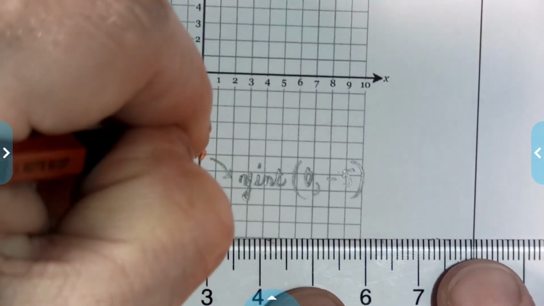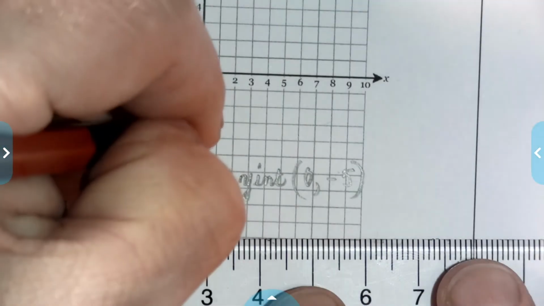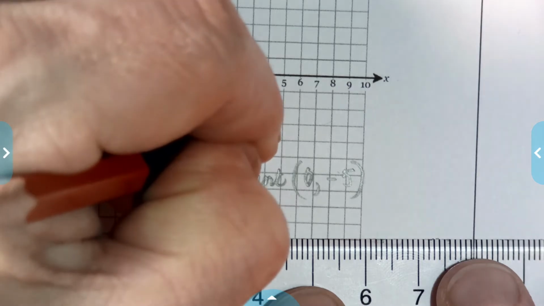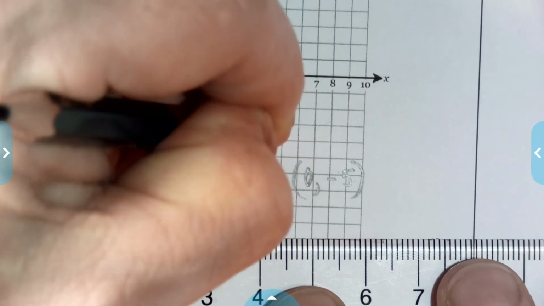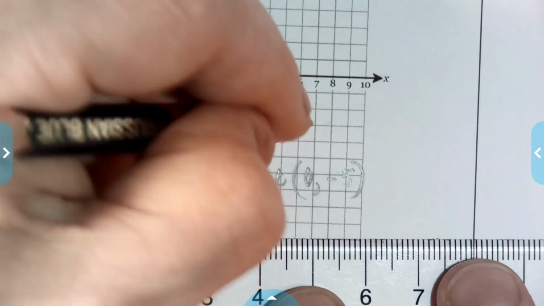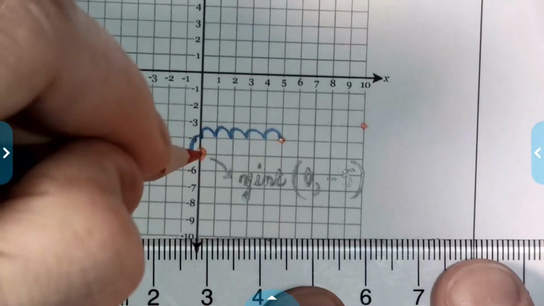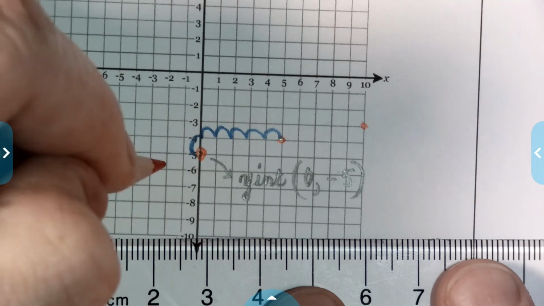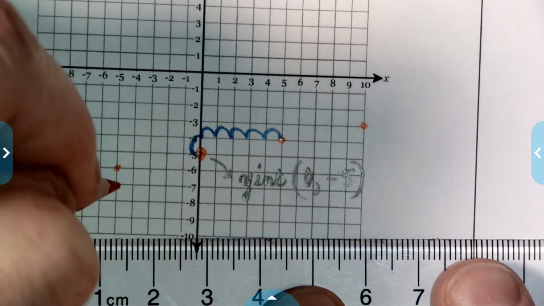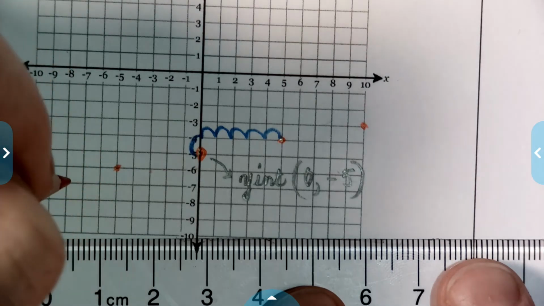So here we go. Up 1, to the right 1, 2, 3, 4, 5. Okay, so there's another point on the line. Up 1 over 1, 2, 3, 4, 5. There's another point on the line. And I could go backwards. Down 1 over 5, down 1 over 5.